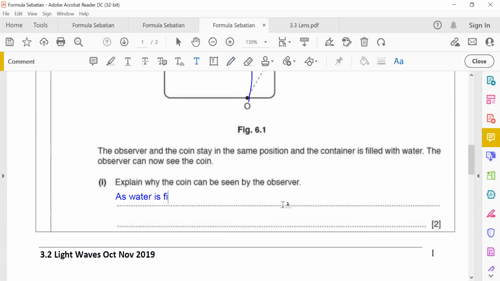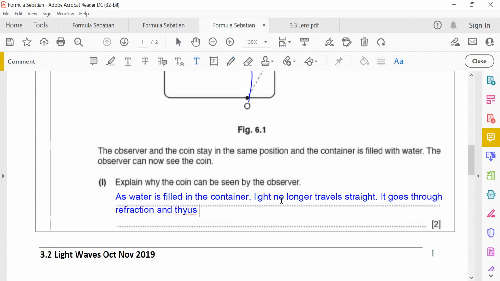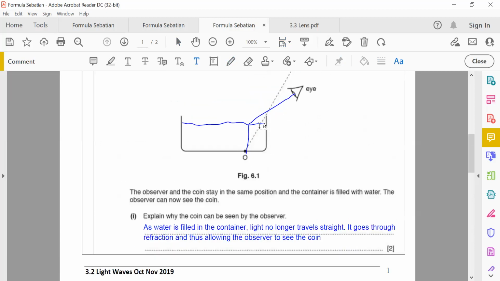As water is filled, light no longer travels straight, but through refraction, and thus, like I mentioned just now, guys, without any water, the light is supposed to go straight, right?